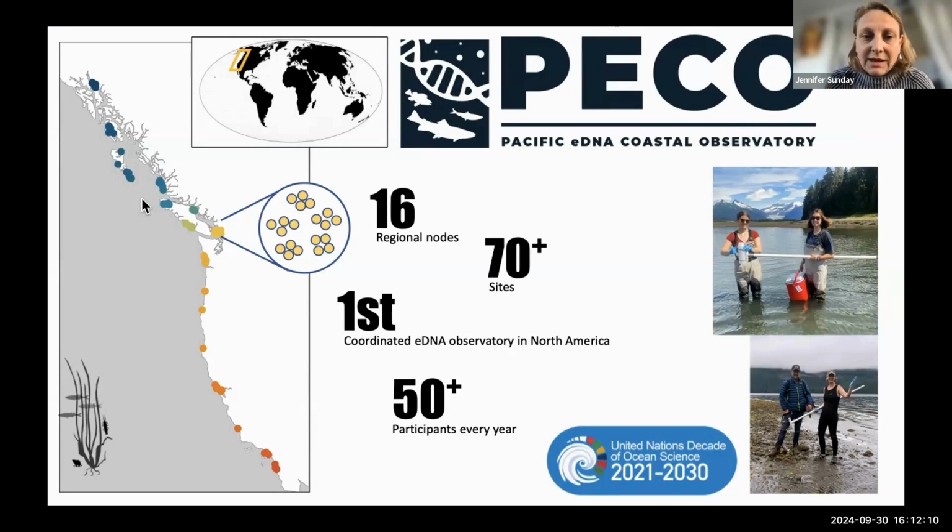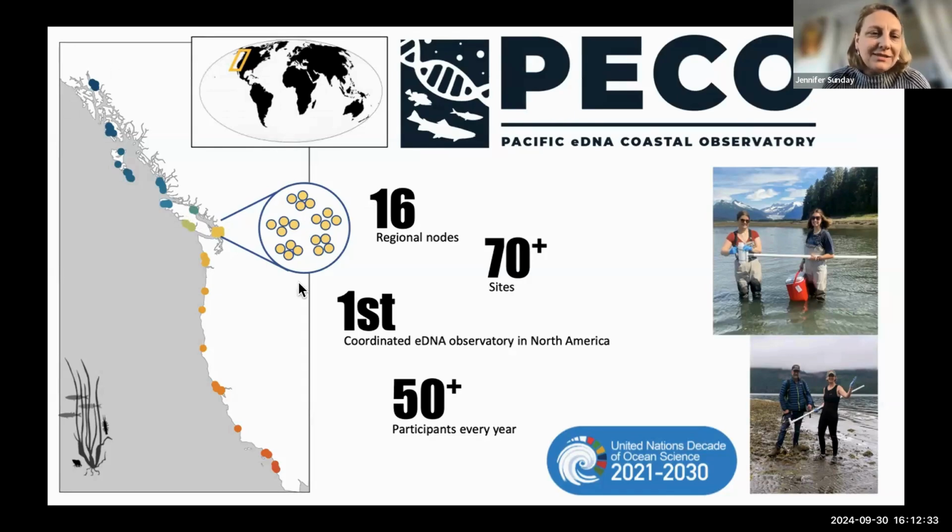We send kits to them. They send kits back to the Hakai Institute, which is located just up here on the east coast of Vancouver Island. And all of the samples are processed for right now. DNA is extracted and is processed for fish markers, so 12S.